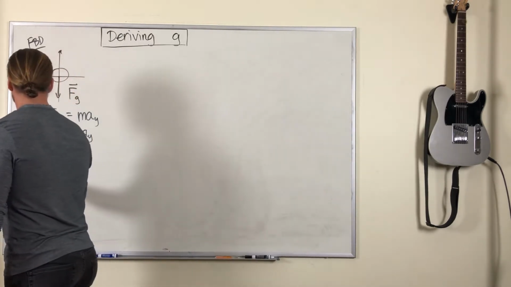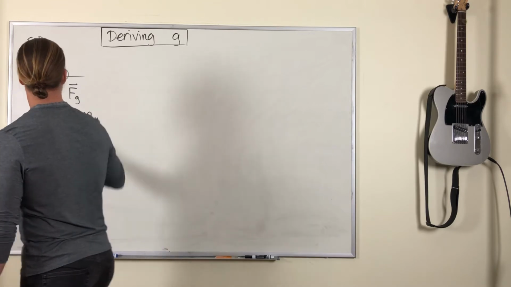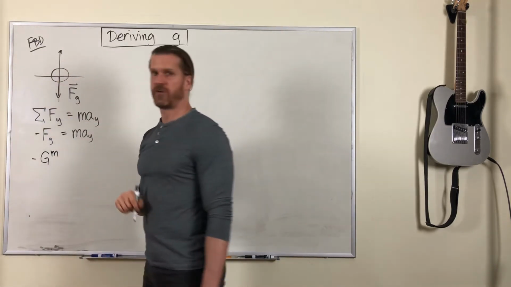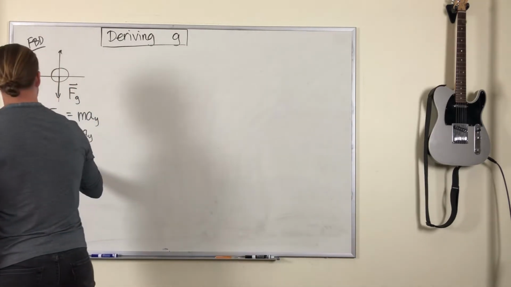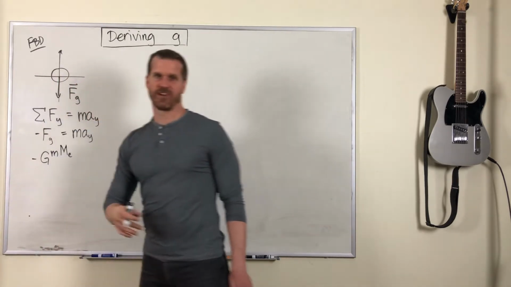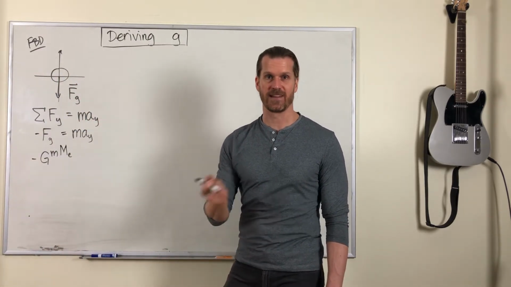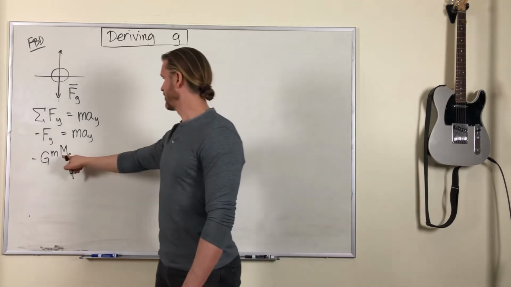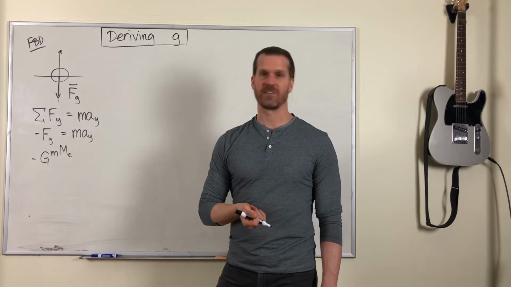And it has a magnitude equal to capital G times the mass of this object, which I'm labeling with little m, times the mass of the other object that's causing the gravity force, namely planet Earth. So I'm going to label planet Earth's mass with a capital M and a subscript E.